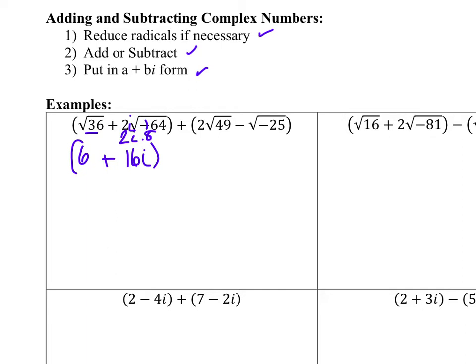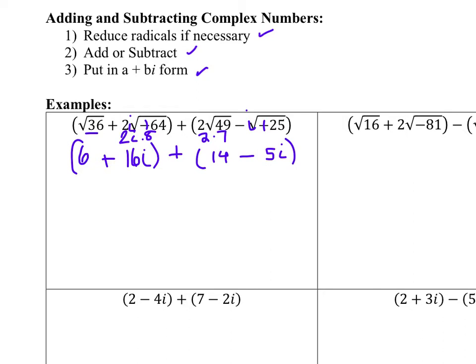Next thing, we have 2 times the square root of 49. So 2 times 7. So that would be 14. Change that. The square root of 25 is 5. Okay, so now that we have reduced these, now we're going to combine like terms.